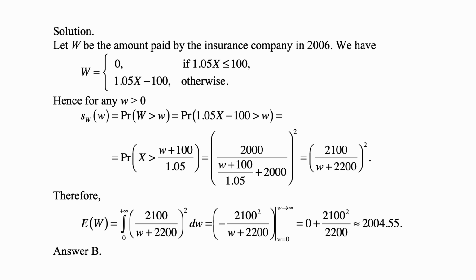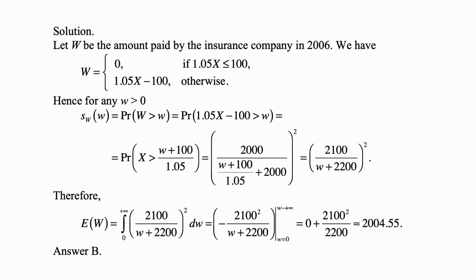So anyway, what is the survival function? Well, it's therefore the probability that 1.05x minus 100 is greater than w. That's the same as the probability that x is greater than (w plus 100) over 1.05. Based on the formula we were given, this is the survival function of x applied to this (w plus 100) over 1.05.